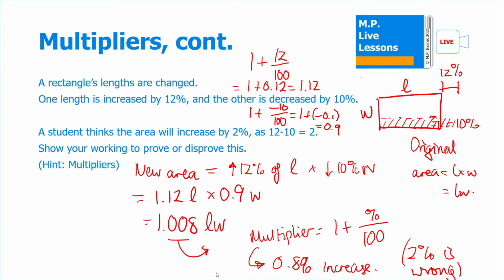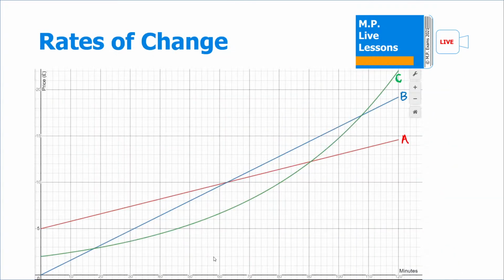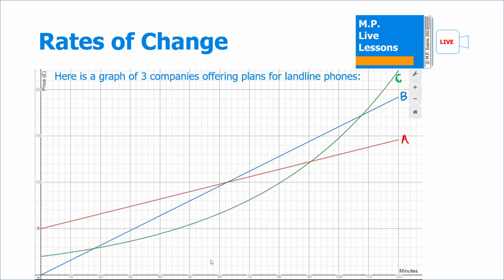Now, for higher tier, you may be asked for rates of change. For example, here's a graph of three companies offering plans for landline phones, as in they'll charge some price depending on how many minutes you've called or used the phone. Now, what does the gradient tell us?